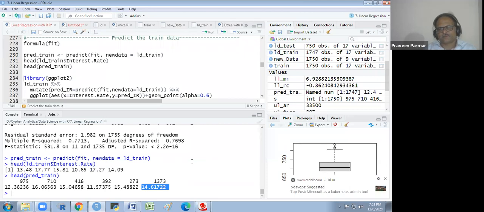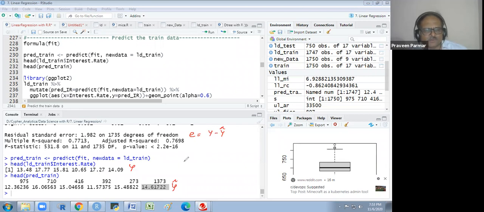I will explain one more thing so you can understand better. This is our y, and this is our y cap. So what we get is the error, y minus y cap, epsilon. So E1 is 13.48 minus 12.36.